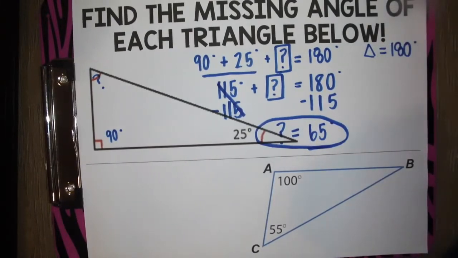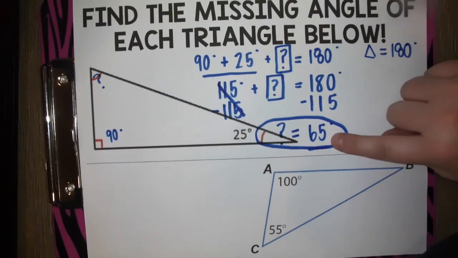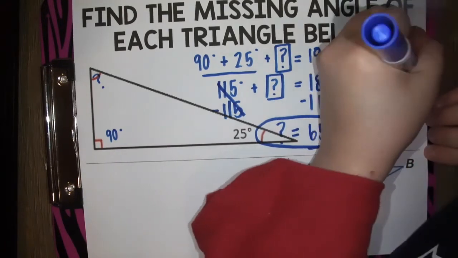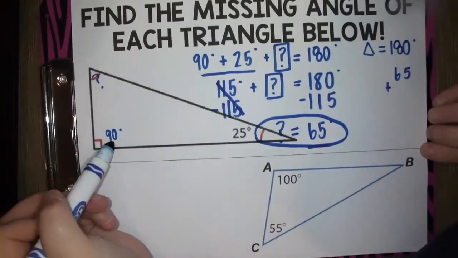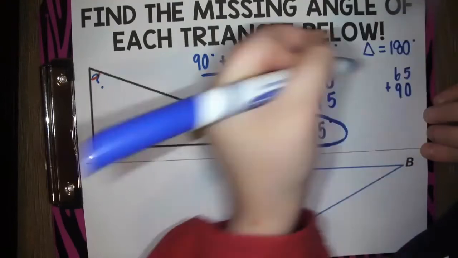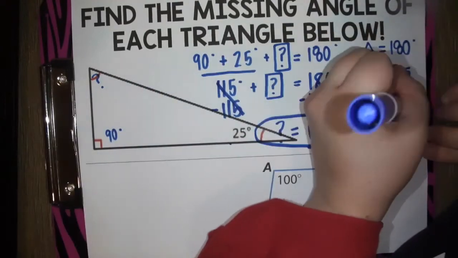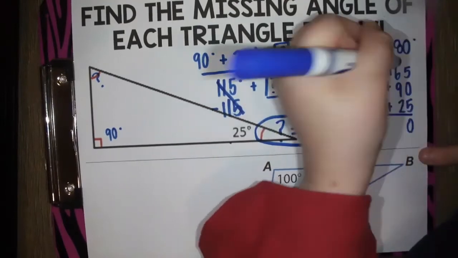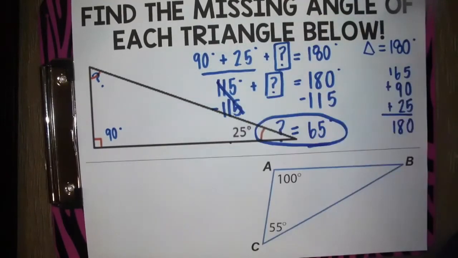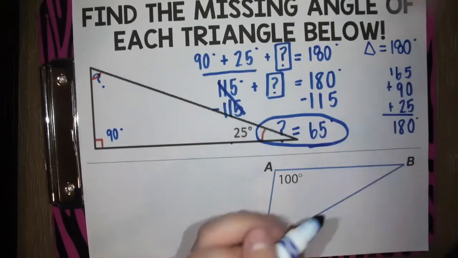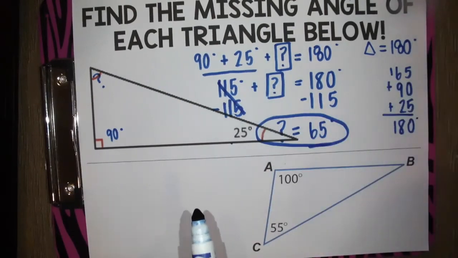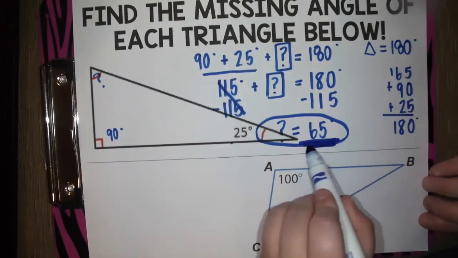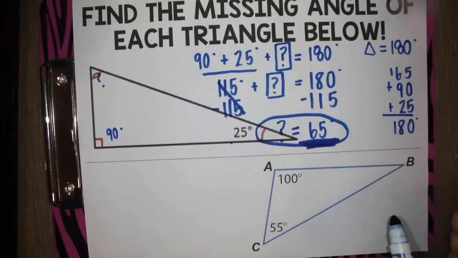If you are ever uncertain about the answer you get, you can always go back and add all your values together. If I were to take my mystery angle of 65, my 90-degree angle, and my 25-degree angle, and add them all together, I would land back at 180 degrees where I should. But my answer to this question is 65 degrees because that is the measure of my missing angle.